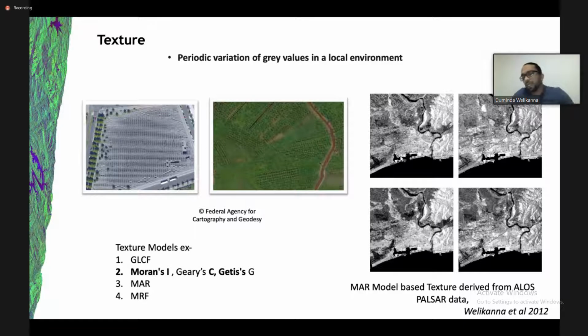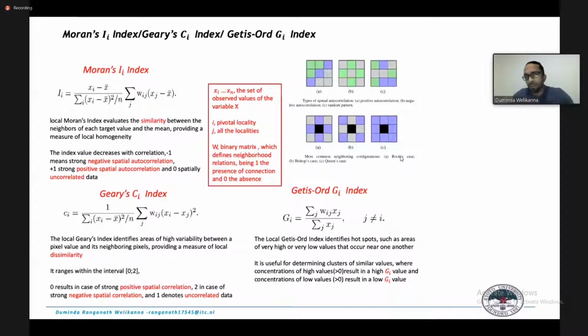I'm not going to talk in detail, but I just want to show you, this is one from my work. You can see texture is a neighborhood concept. That means a particular pixel, how it is related to its neighborhood, is what texture is all about.